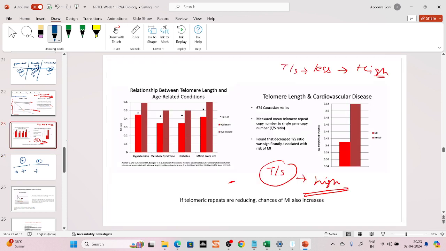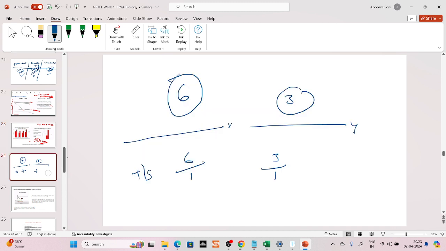Because it is mean telomere repeat copy number to single gene copy number. So which has a higher telomere repeat number? This one. So if your T by S ratio is high, then the chances of disease is low. If T by S ratio is low, chances of disease is high. So T by S ratio is inversely proportional to disease occurrence.